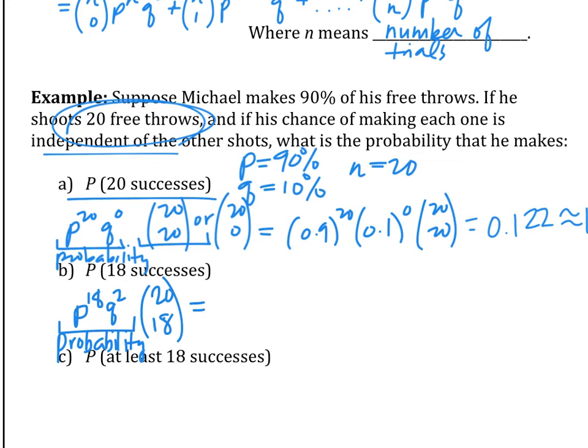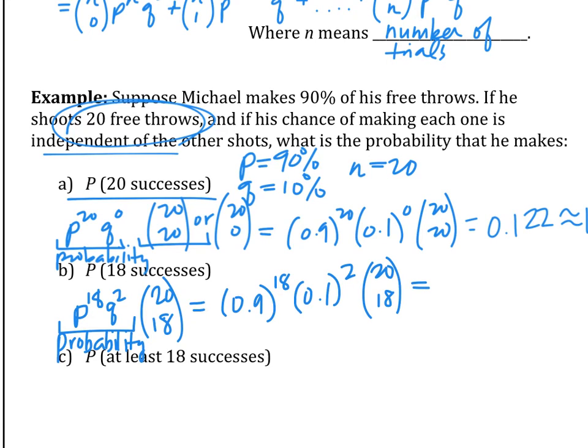Okay, so let's look at the probability of making it in, which is 0.9 to the 18th power. And then there's a 10% chance that he's not going to make it, so that's 0.1 to the second power. And then times how many ways you can arrange 18 successes out of 20. Then just use the calculator.